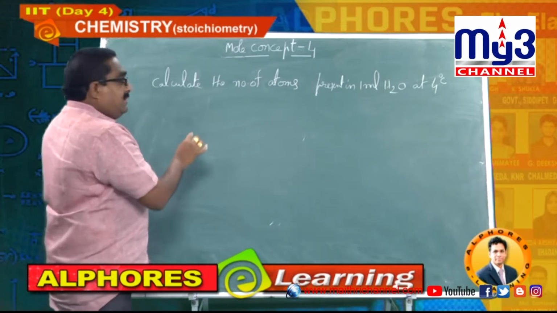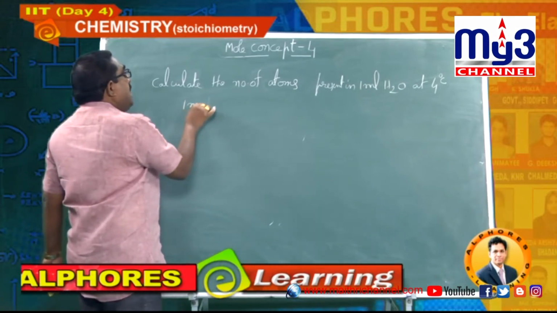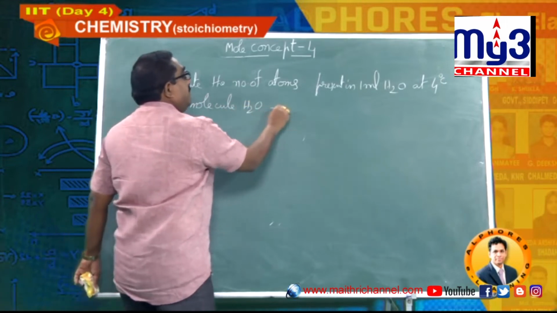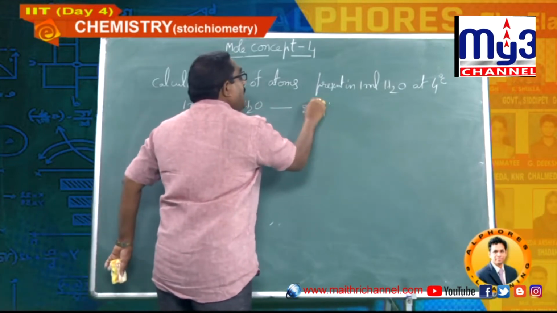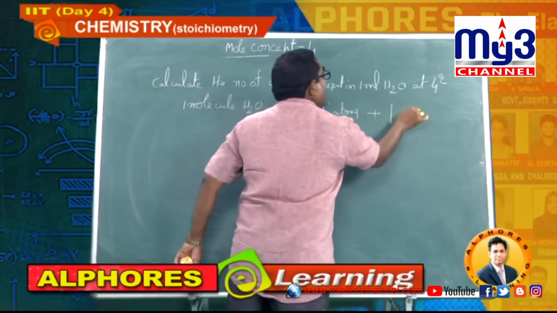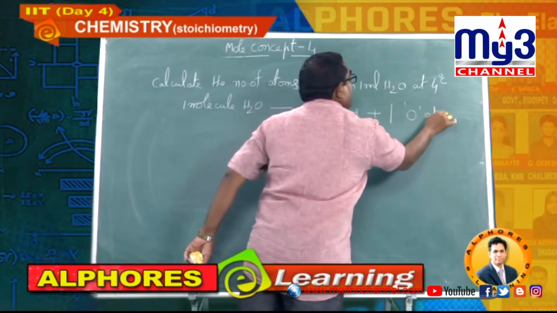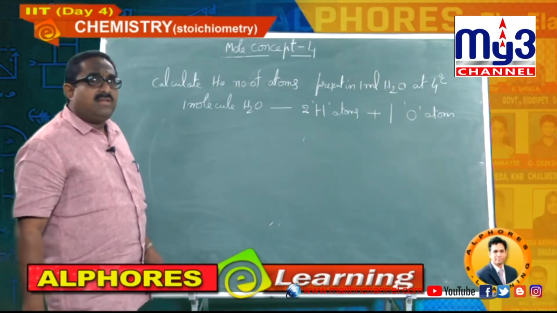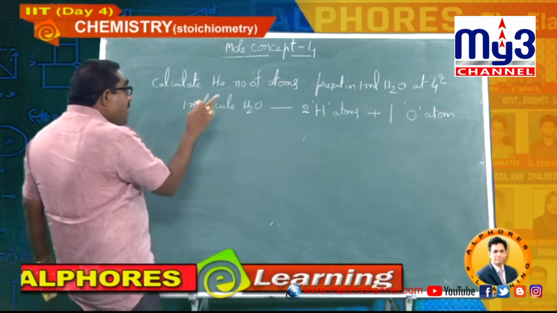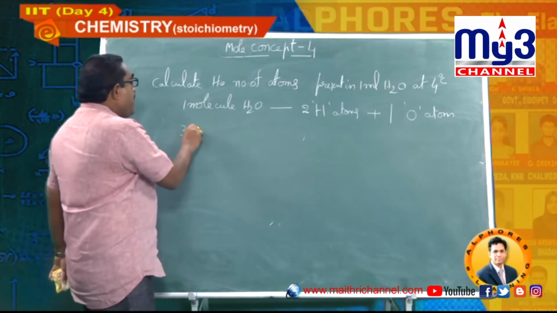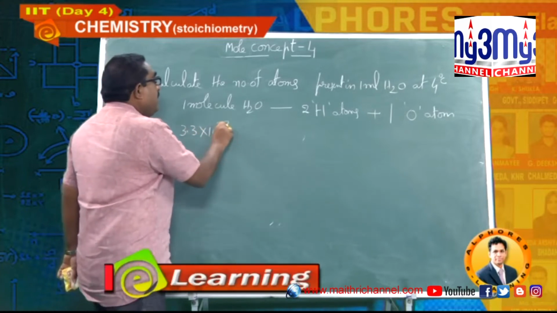Now, I am writing: one molecule of H2O contains 2 hydrogen atoms plus 1 oxygen atom. This is true. Just by observing the formula of H2O you can say. Now, how many such molecules have we calculated just now? 3.3 into 10 power 22.